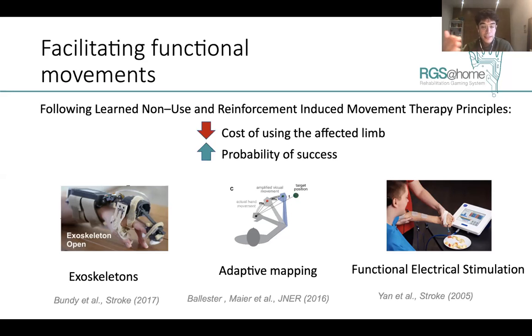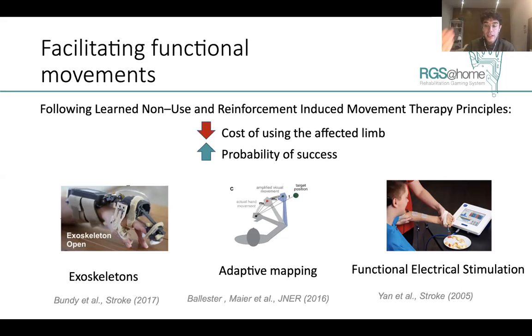We can also see this in the adaptive mapping in virtual reality, where we can manipulate sensory feedback to induce larger movements than the physical ones, and thus increase the probability of success when using the affected limb, and increasing the range of possibilities of the patient.